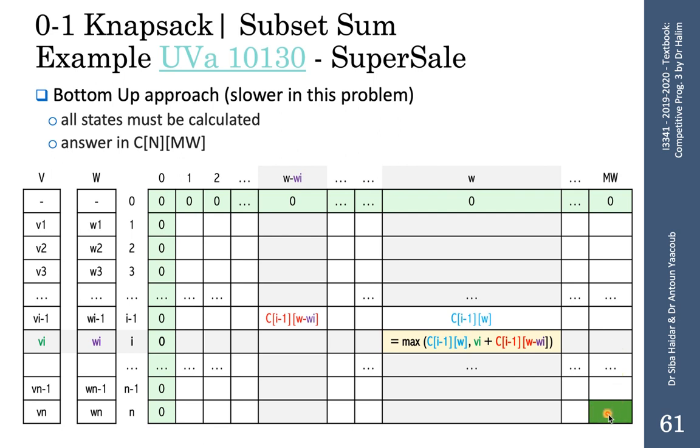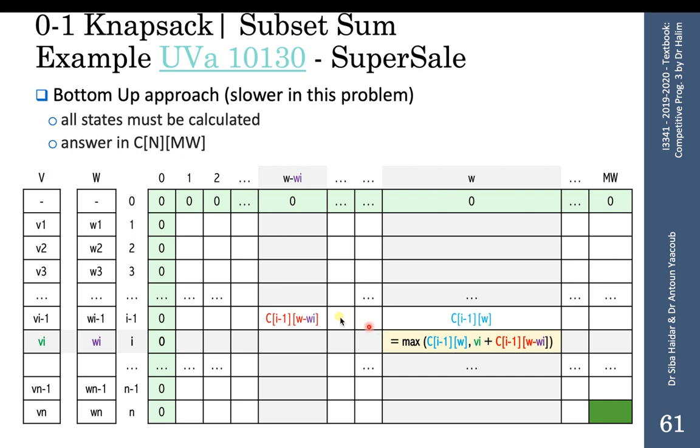Why? Because it is surely greater or equal to the previous used weight. Because if I don't use it, it will be depending on the previous. So let us summarize. At each state, at each column W, I see whether the current weight could have been fit in the total W used.